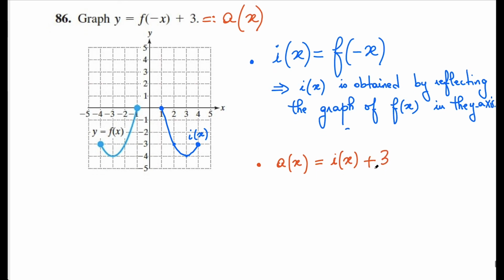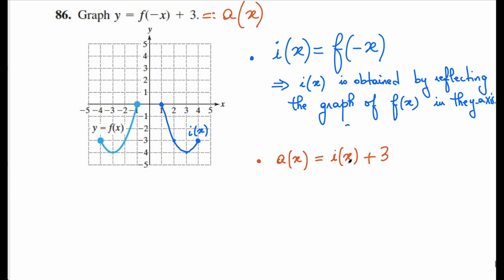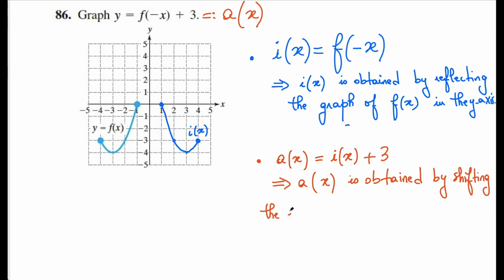And we know how to obtain I of x plus 3 if we know how to graph I, right? This is theorem 1. So for a of x, you just shift vertically by 3 units upward. So a of x is obtained by shifting the graph of I upward at a distance of 3 units.